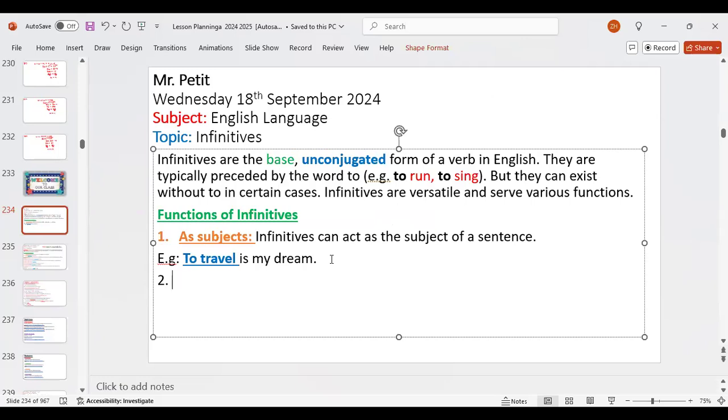Next, it can also help us with expressing purpose or intention.